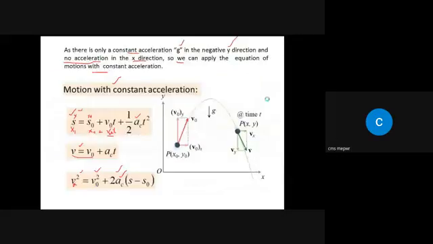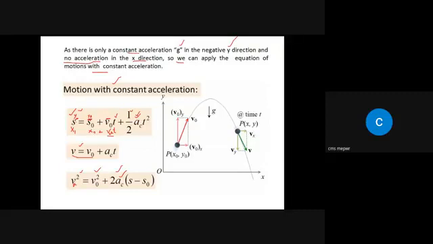Okay, now you can see this one. If instead of s I put y, instead of s0 I put y0, and instead of v0, since I am dealing with the y component, this would be v0y, right? And t will remain as it is. One half will remain as it is.